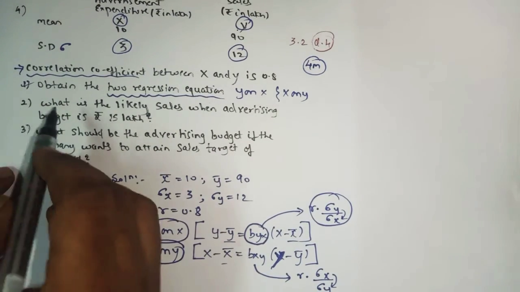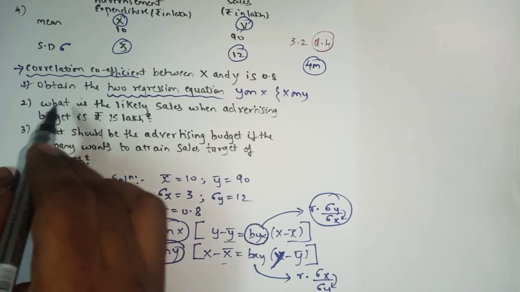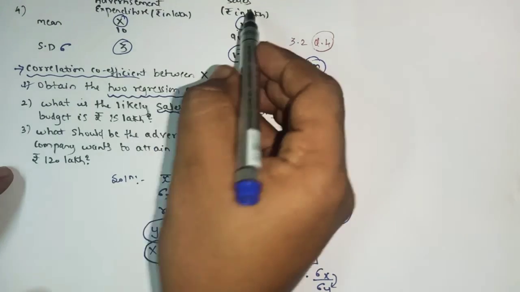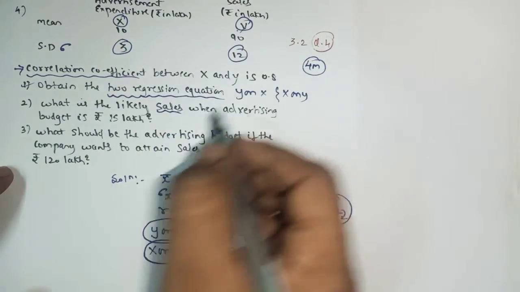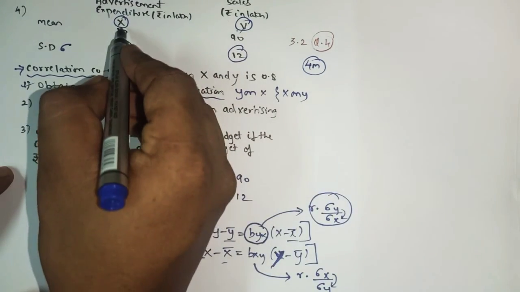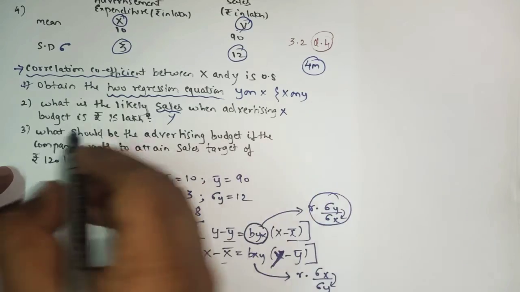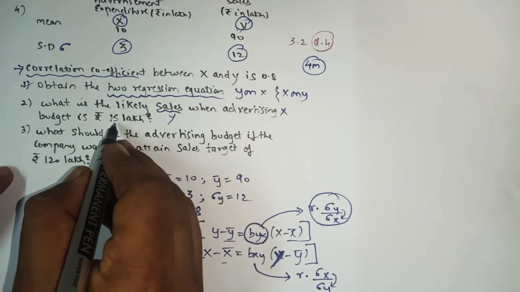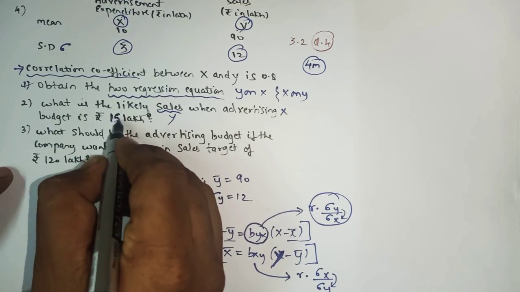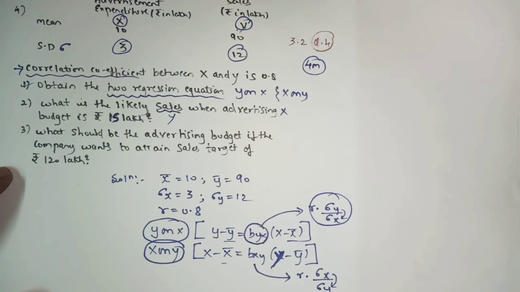Now for the second part, it is given: what is the likely sales? Sales actually is Y, when advertising X is, sorry, 15 lakh, not 25, 15 lakh.